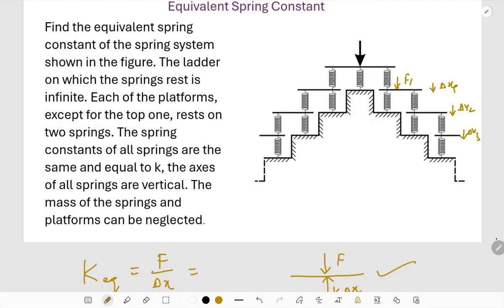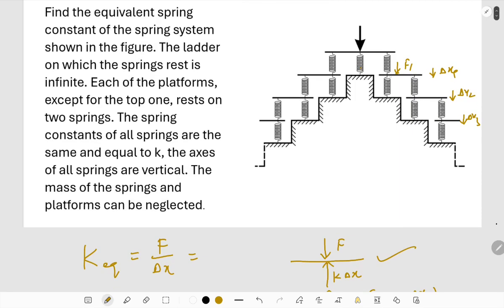So again, if I make the free body diagram for this platform, the force F1 comes from upward, and F1 is exerted by this spring, which is compressed by a length delta x minus delta x1.